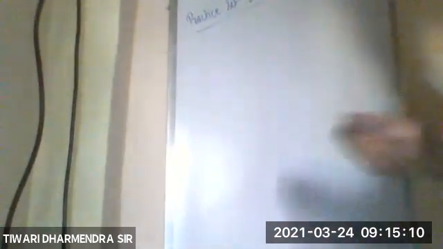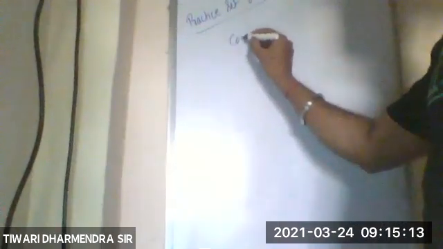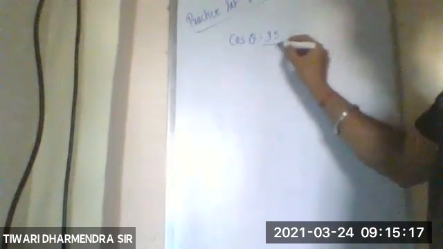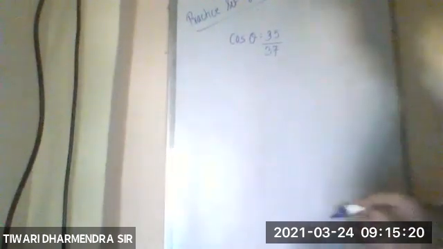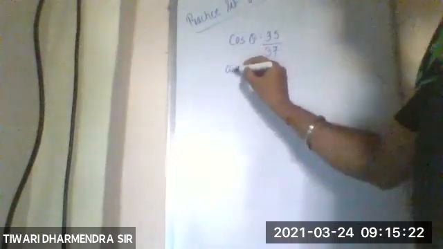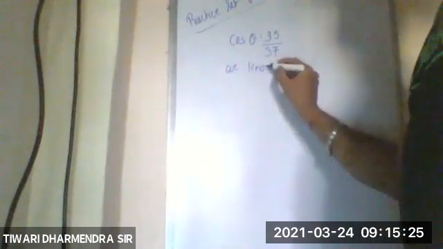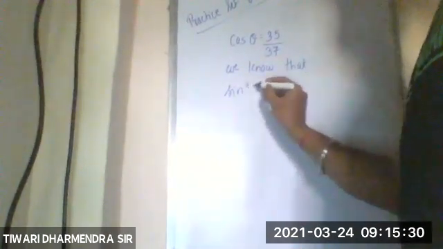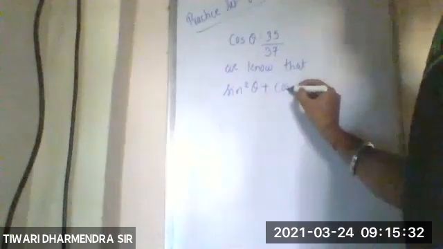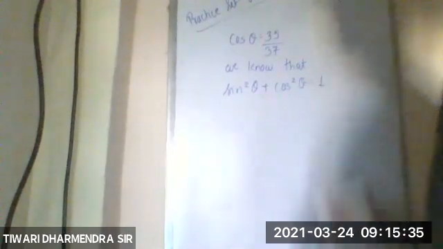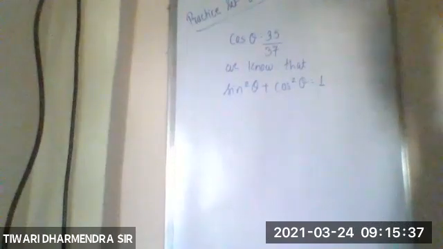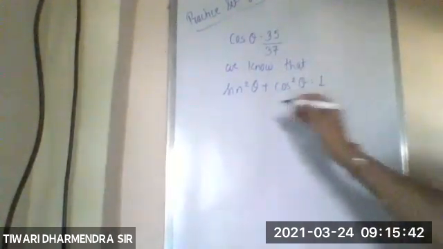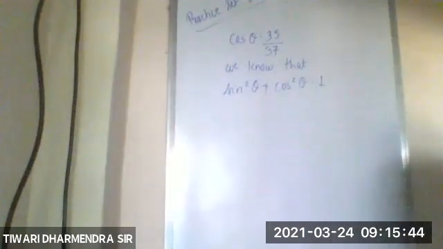So now, cos theta they have given us as 35 upon 37. We know that sine square theta plus cos square theta is equal to 1. Now just replace the value, as we don't know the value of sine square.